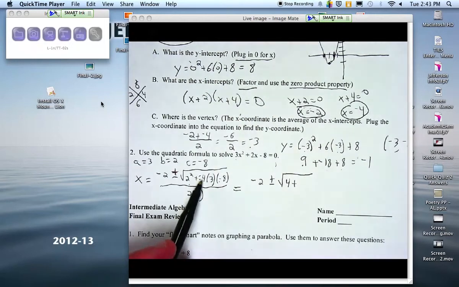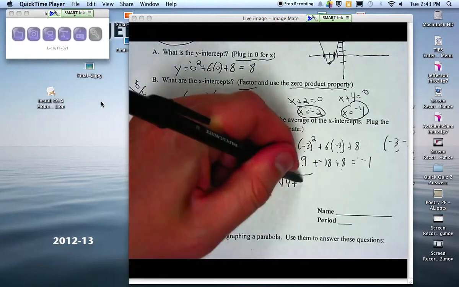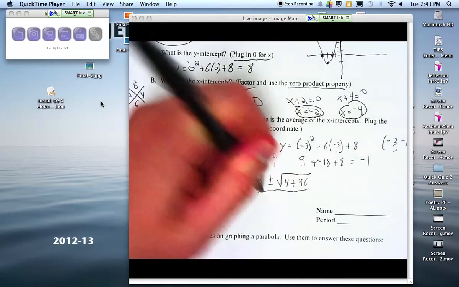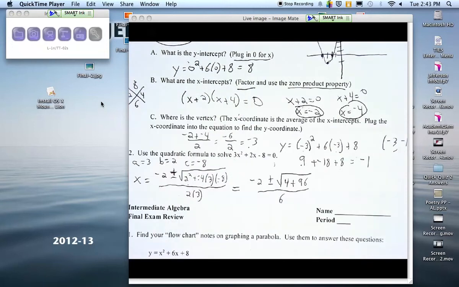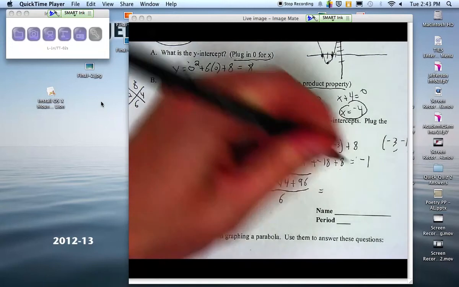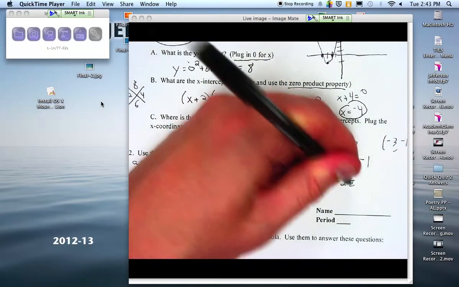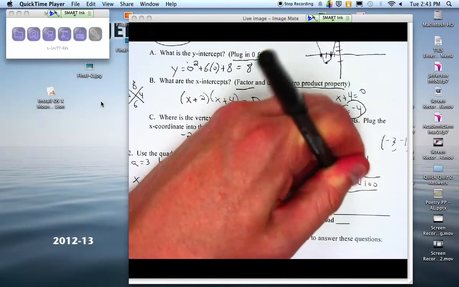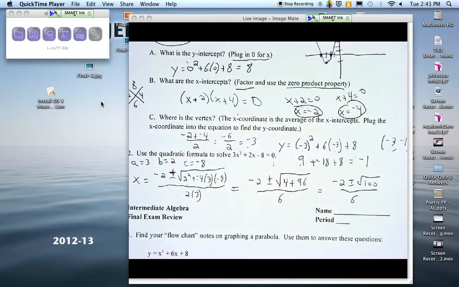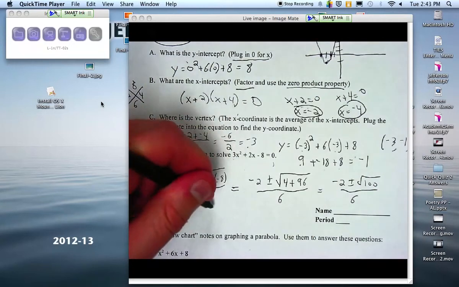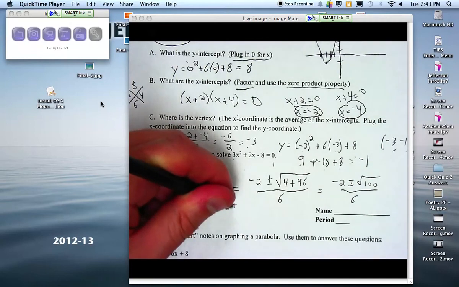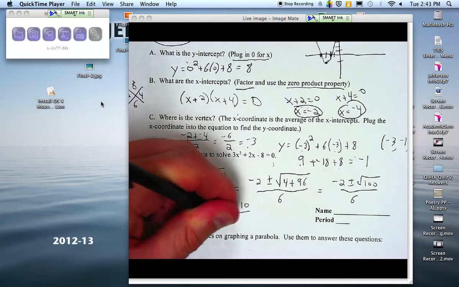And then I can use my calculator if need be. 4 times 3 is 12. 12 times 8 is 96. All over 2 times 3 is 6. It gets a little crowded here, but 4 plus 96 is 100. And of course, the square root of 100 is 10. So I end up with negative 2 plus or minus 10 over 6.